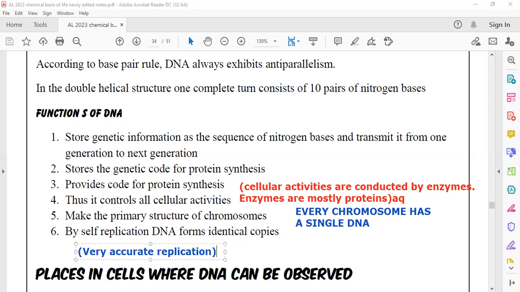Sharply 2 copies will come. The 2 copies will again multiply, 4 copies will come. Again multiply, 8 copies will come. It is very, very useful during cell division.